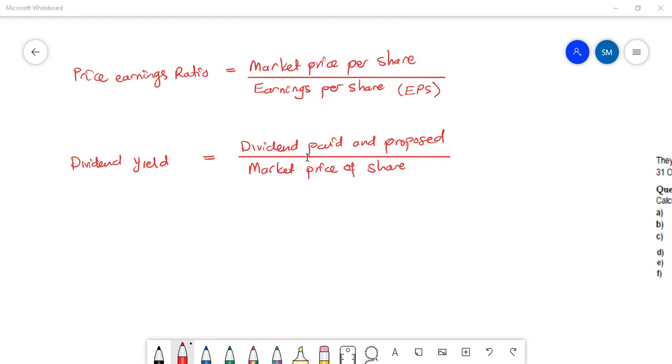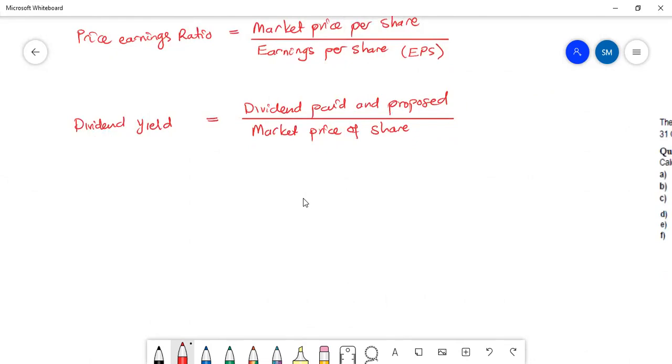And we go on to the next one, which is the dividend cover. For dividend cover, we are simply saying the amount of profits that is available to ordinary shareholders divided by the ordinary dividend that we paid for us to get the dividend cover.